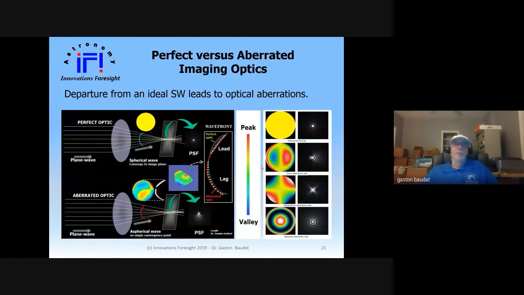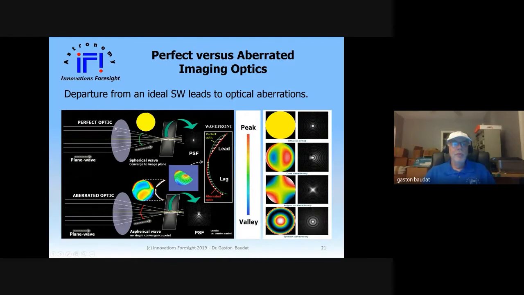So this is an example of a perfect optical system, and on the top here I use ray tracing now, because the rays are always orthogonal to the wave of the light. So in a perfect system, all those parallel rays for a plane wave will converge to a point, which will become this Airy disk.